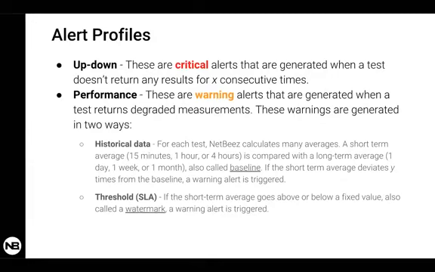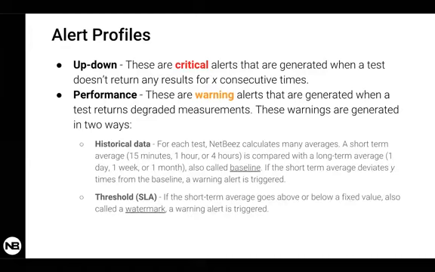The baseline is 1 day, 1 week, or better, 1 month. By comparing these two values, you know if something right now is going bad, bottom line. The comparison is done between the short term and the long term against a multiplier. Could be 1, could be 2, or could be 3 times. We'll see a little more example later in the demo.